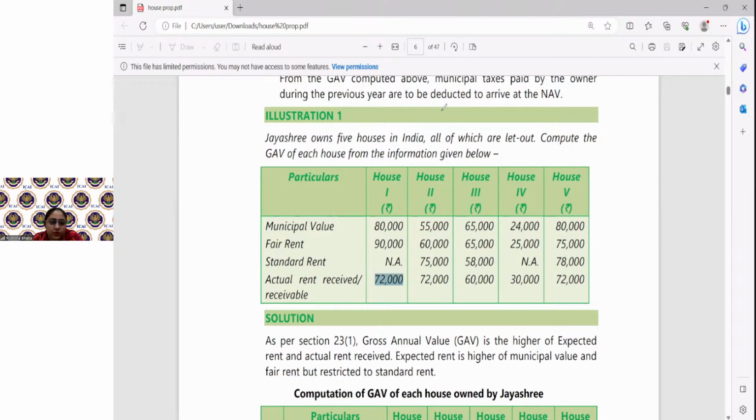Very good Bhumika, very good Diksha. Let out property Krishna, we have discussed it. Very good Komal. So everyone is getting it right. Good, good.